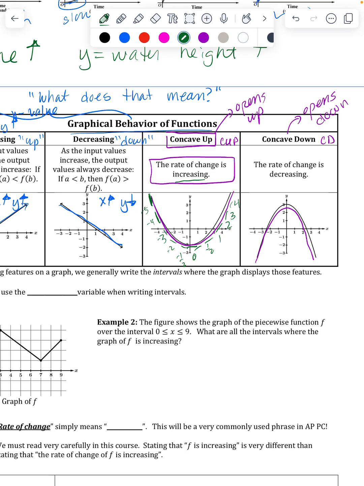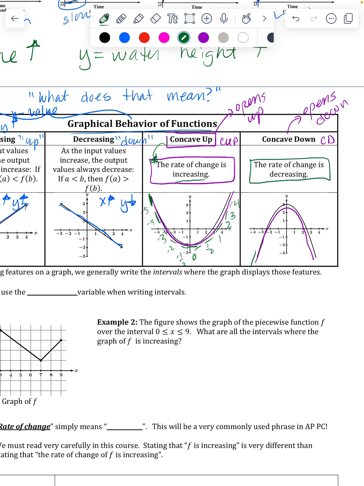That's because you're looking at the graph, and we're not looking at the values of the graph like we were with increase and decrease. We're looking at the rate of change. How is the rate of change changing? So get it in your brain that concave up indicates that in that region or interval, the rate of change is increasing. Same exact concept with concave down, except the rate of change is decreasing.